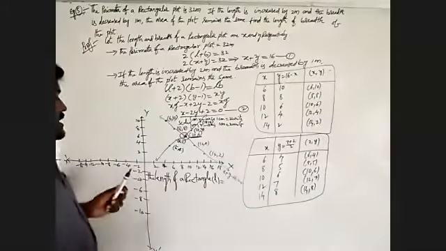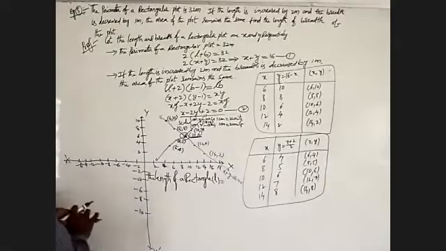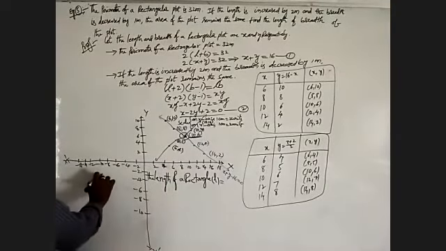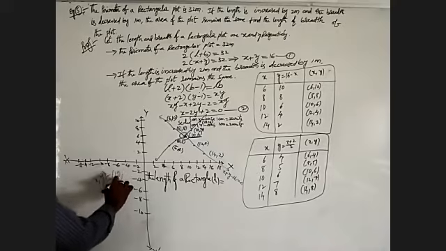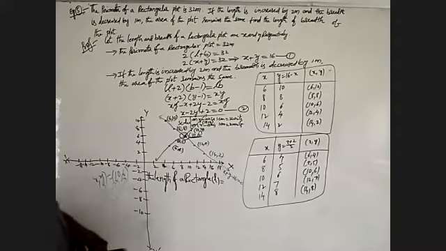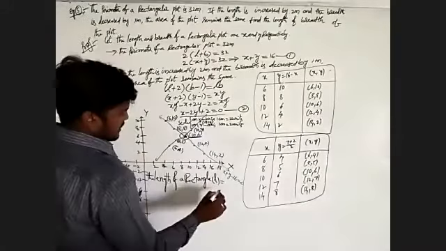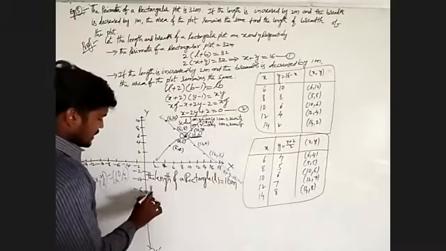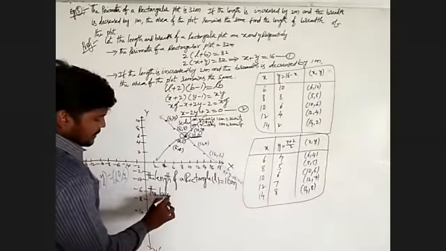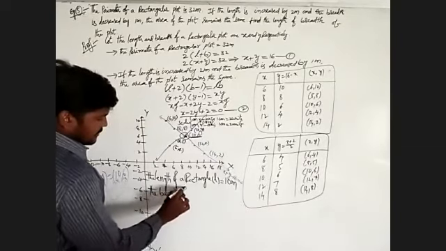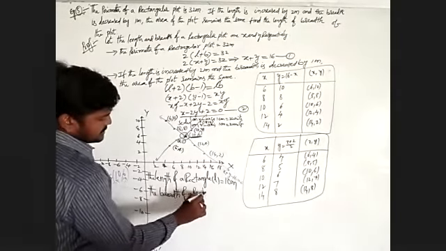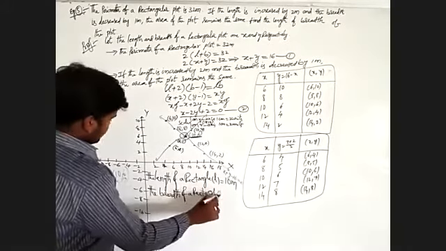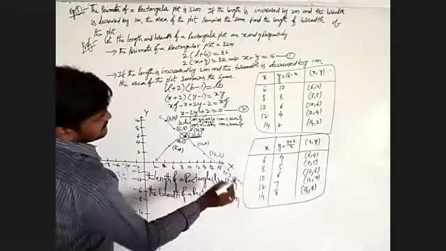At the given point x comma y, which is 10 comma 6, x is equal to 10 and y is equal to 6. That is, the length of the rectangle is equal to 10 meters. After that, the breadth of the rectangular plot: B is equal to 6 meters. This is what is asked in this problem.